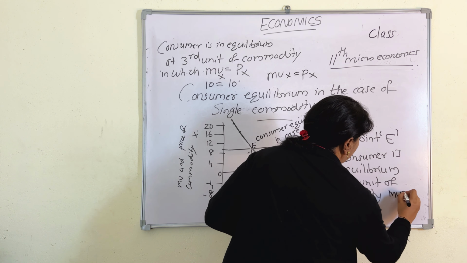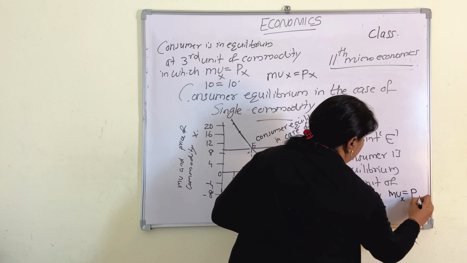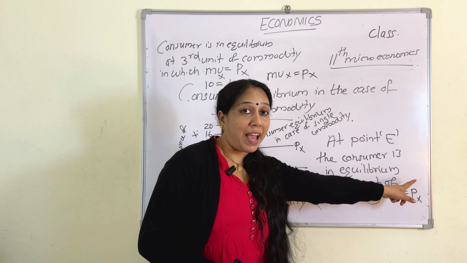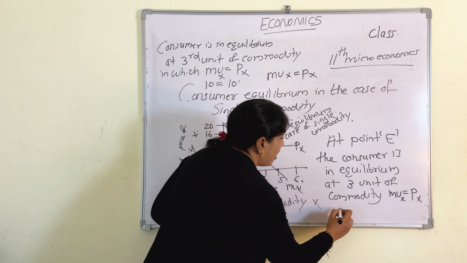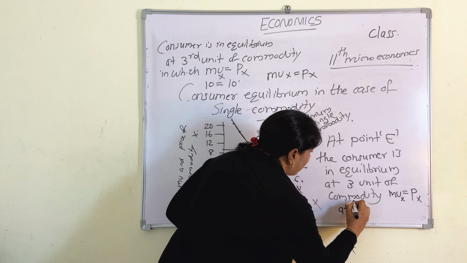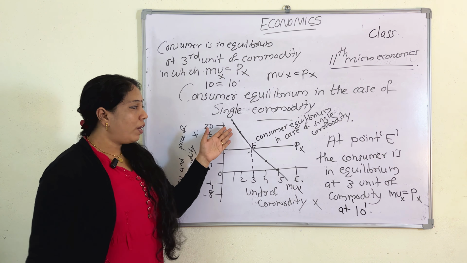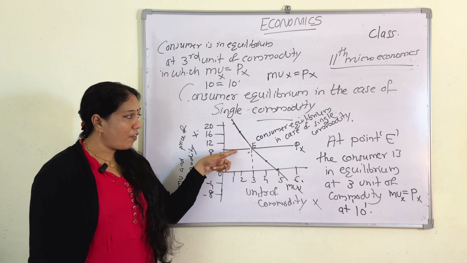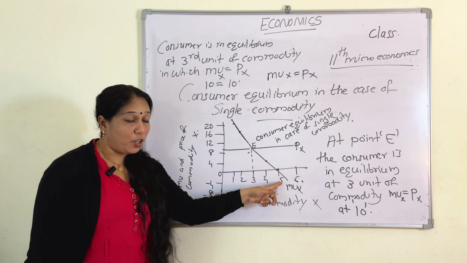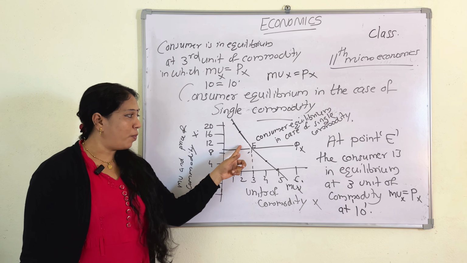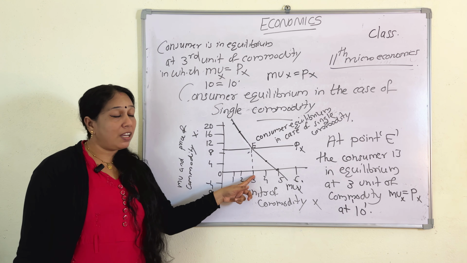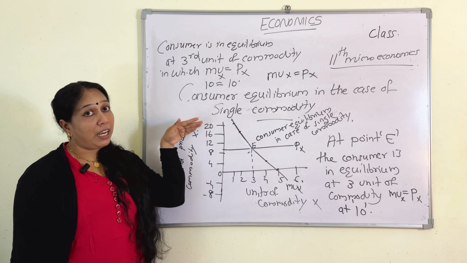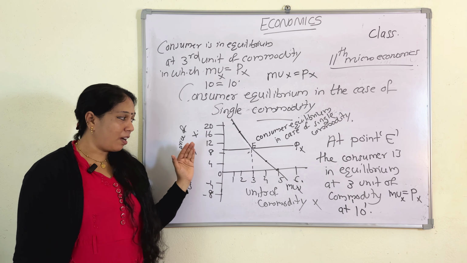That is, marginal utility is equal to price of X commodity. Marginal utility of X commodity is equal to price of the X commodity at 10. So here the consumer is in equilibrium at point E, that is price of X commodity is equal to marginal utility of the X commodity at 3 units and both are equal to 10. This is the consumer equilibrium condition in the case of single commodity.